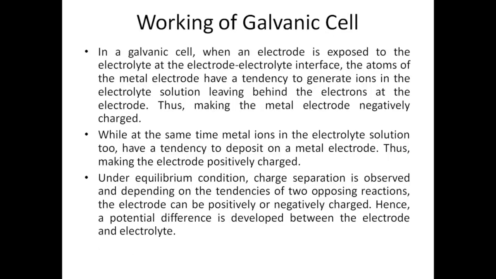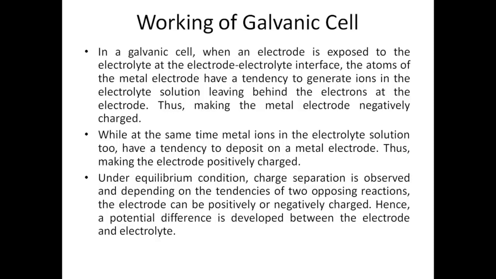Okay. Now, in a galvanic cell, when the electrode is exposed to the electrolyte, at the electrode-electrolyte interface, the atoms of the metal electrode have a tendency to generate ions in the electrolyte solution, leaving behind the electrons at the electrode. So the metal electrode becomes negatively charged. At the same time, the metal ions in the electrolyte solution also have a tendency to deposit on the metal electrode.